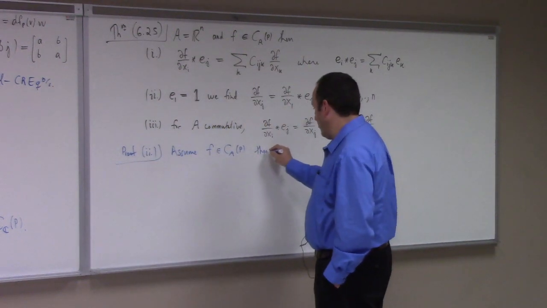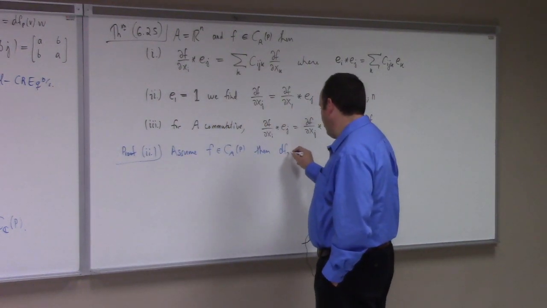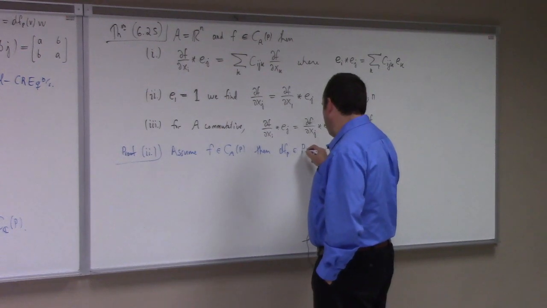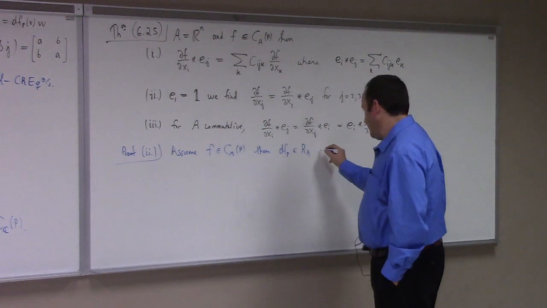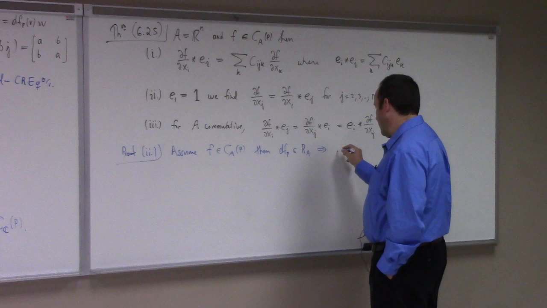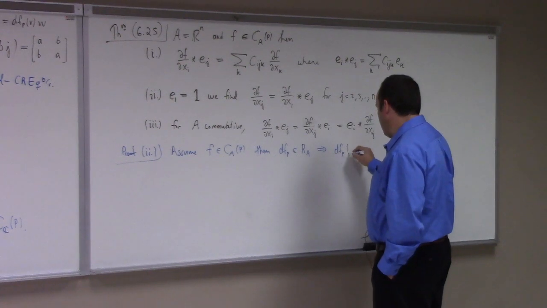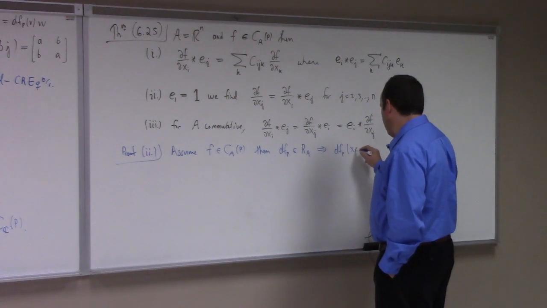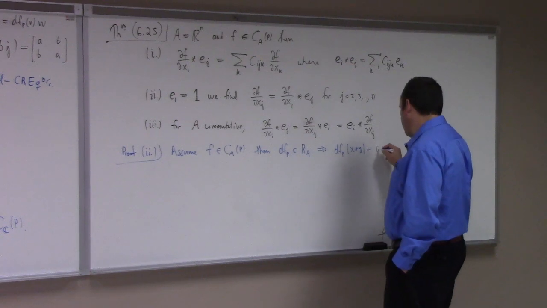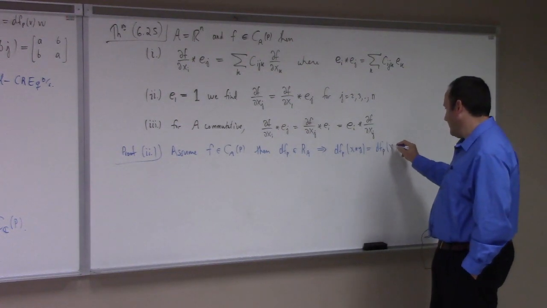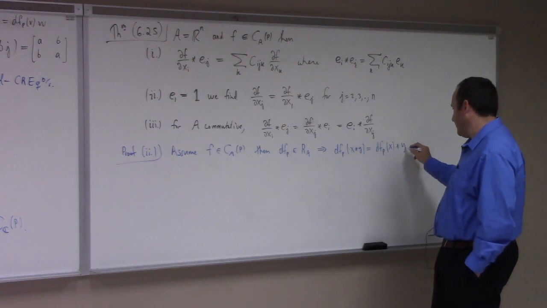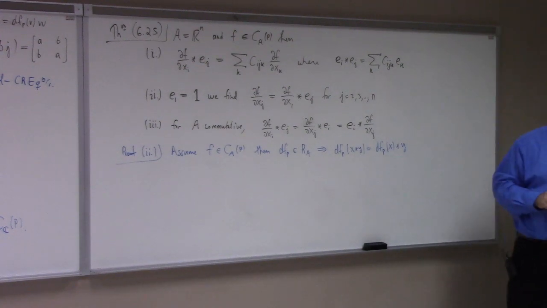Then we have that dfp is in the regular representation of A, which, as we know, implies that dfp of x times y is equal to dfp of x times y, right? We have this right A linearity of the differential.